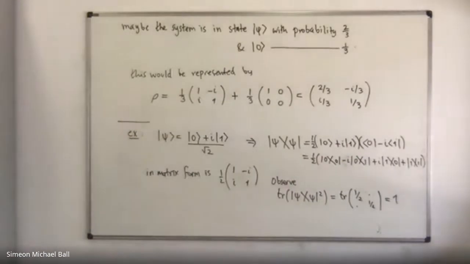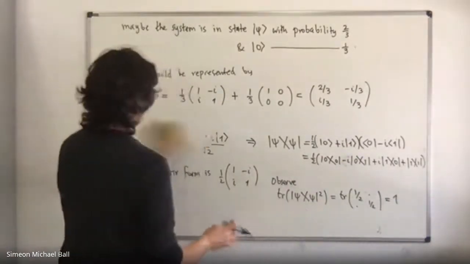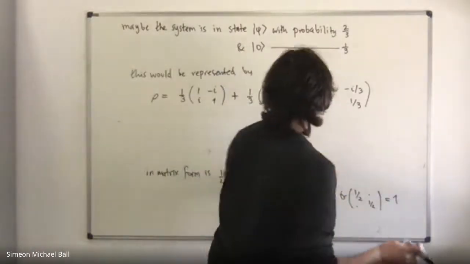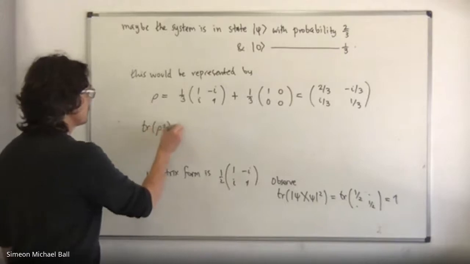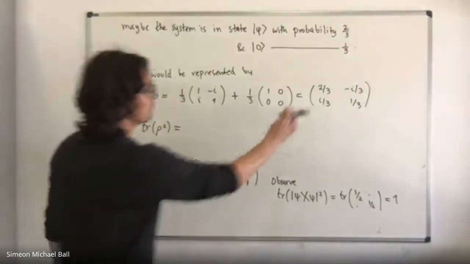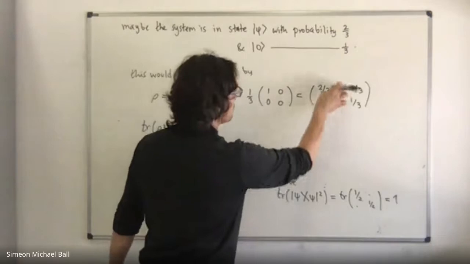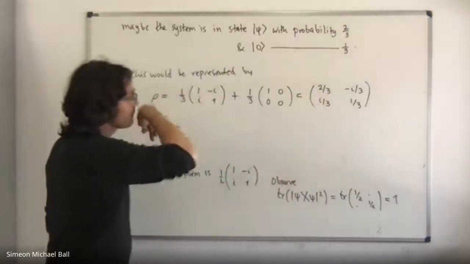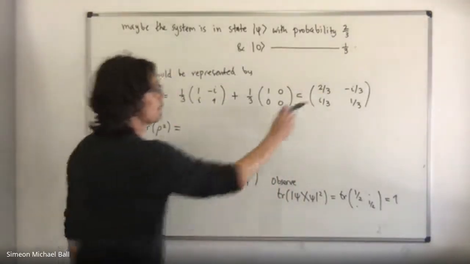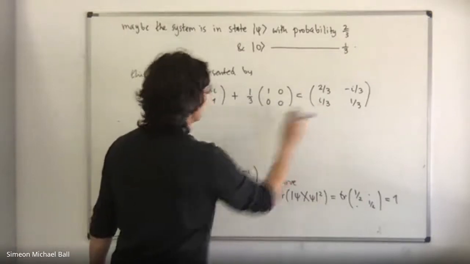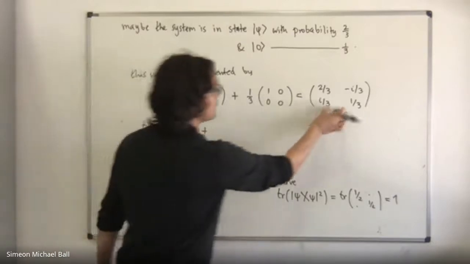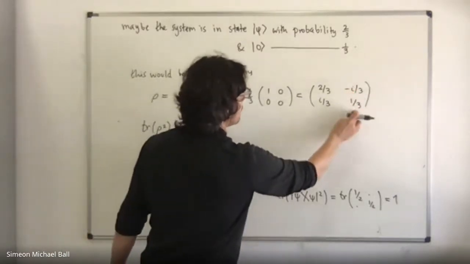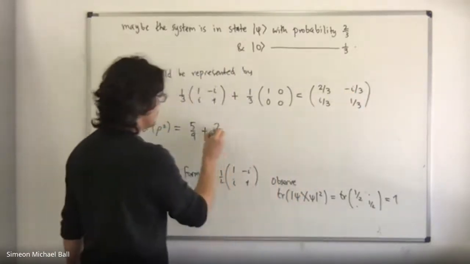And now we could calculate again the trace of rho squared for this one. And what you find is, so I just need to calculate what this first and this one will be. So it'll be 2/3 plus, 4/9 plus 1/9. So it'll be 5/9 plus 1/9 and 1/9, 2/9.